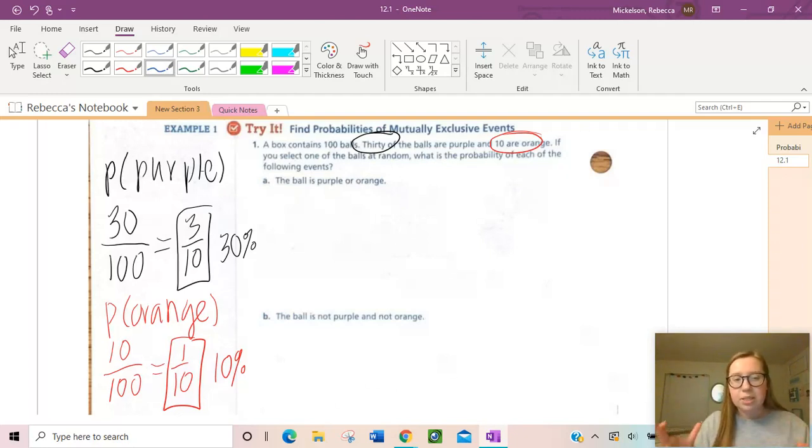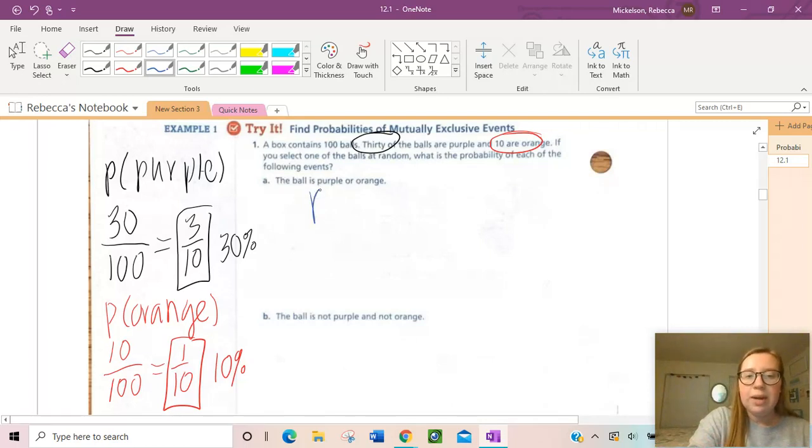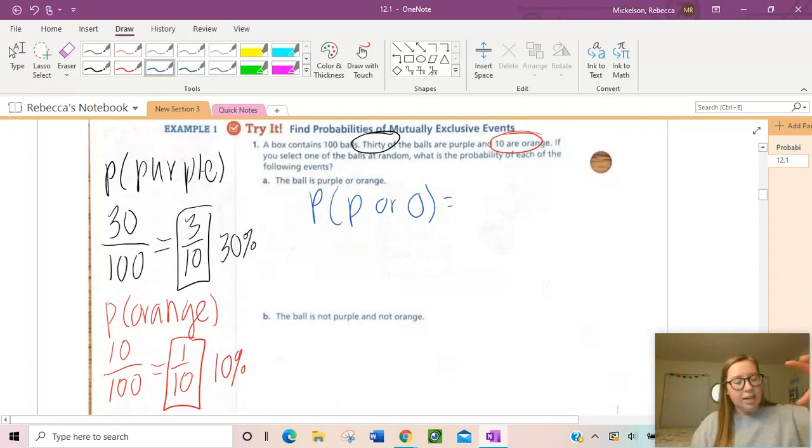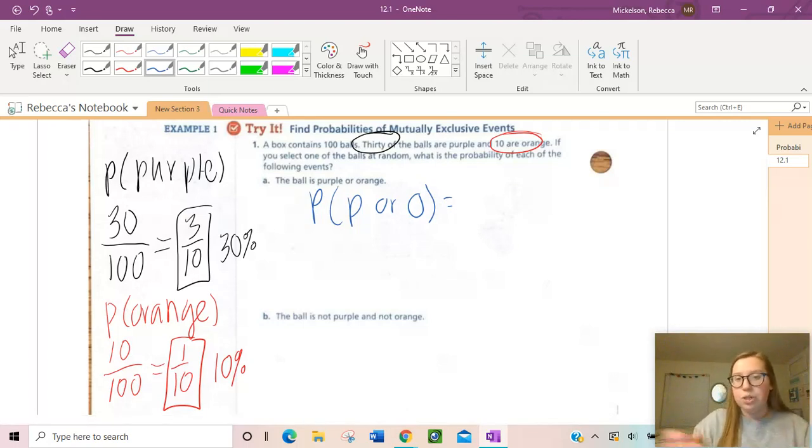So in this case, we're talking about two different probabilities or two different scenarios where one or the other could be true. When we're talking about one or the other, we could write this as the probability of purple or orange. And if we think about the situation, it's just the idea of reaching in and drawing out either a purple or an orange ball.